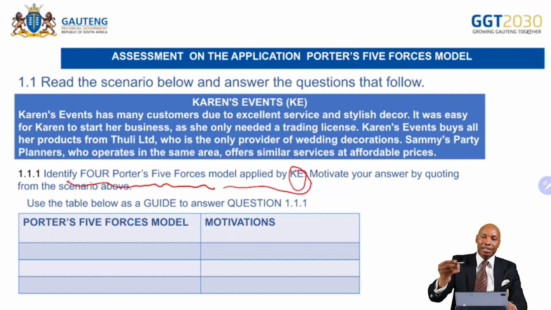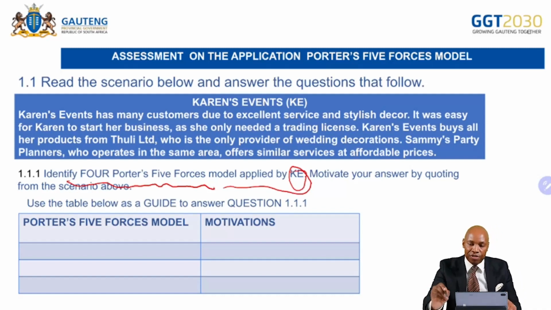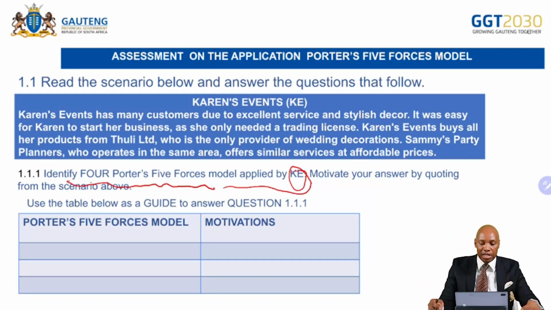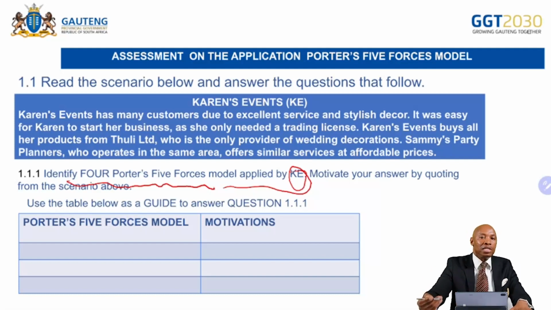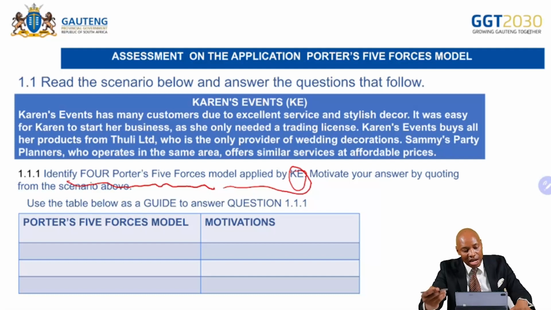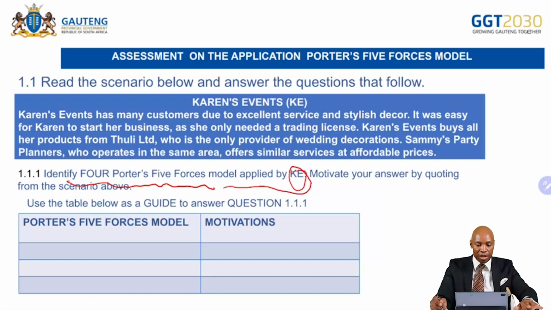So it's important that as you motivate your answer, you quote directly from the scenario. You don't take motivation anywhere. You just go back to your scenario. In essence, these are just free marks. But candidates, let's read the scenario together. As I'm reading the scenario with you, please identify those Porter's 5 forces and give them to me.